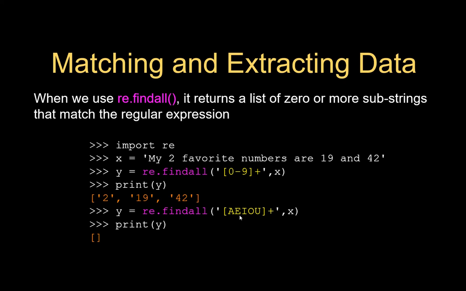Basically, we don't have a word that has all vowel sound characters like A, E, I, O, U. We don't have any words, so that's why the print doesn't bring any result for us. But we have those numbers, so that's why we see those numbers coming up extracted from this string.